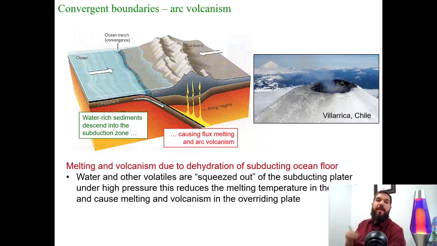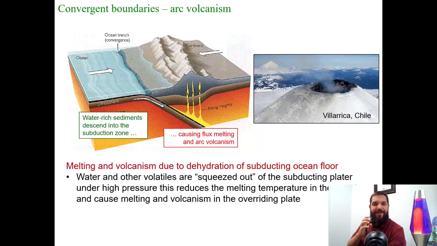How do they melt? They melt due to water. Water from the subducted ocean crust gets into the mantle, and it lowers the melting temperature of the mantle. That's what causes the melting. The temperature doesn't change. The pressure doesn't change. I'll say it one more time, because no matter how many times I say this, a lot of people still just don't get this.